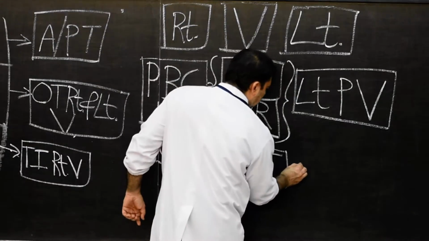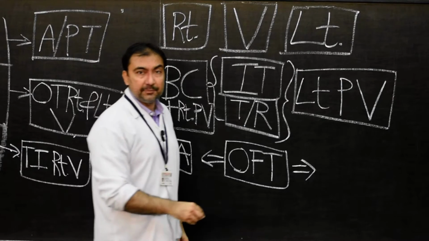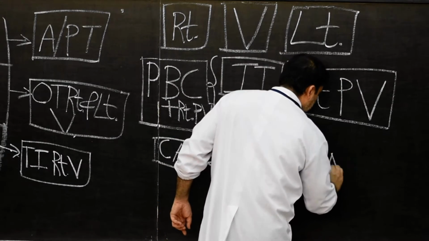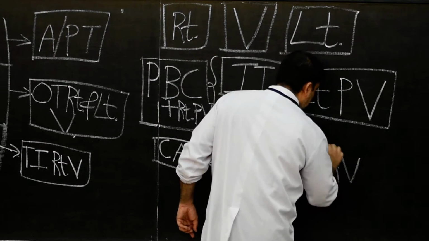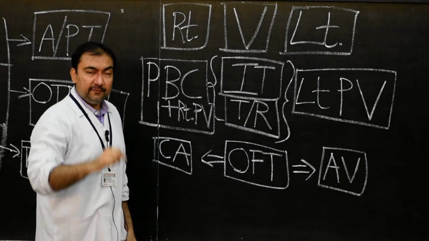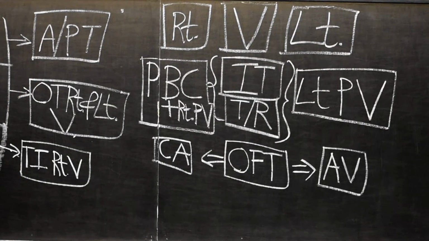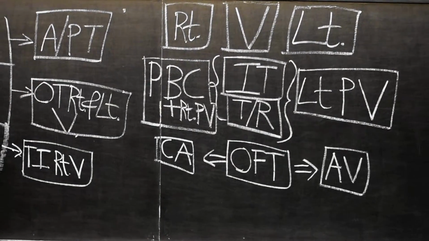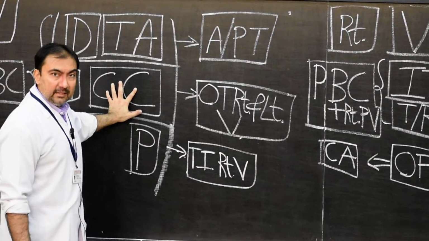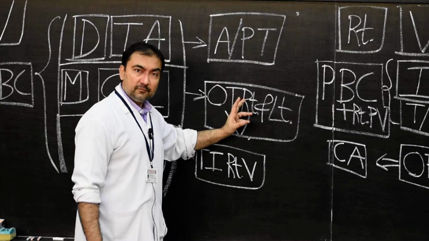Now here the outflow tract of the left ventricle is called aortic vestibule. So it will be known as aortic vestibule. What will be the development? Very simple. Middle part of the bulbous cordis, which is called conus cordis. So this conus cordis will develop into this outflow tract of both the ventricles.